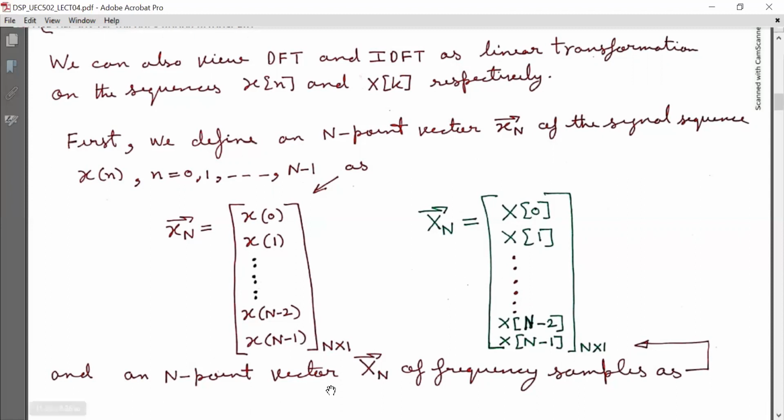And an N point vector, capital X vector of frequency samples, is formed as capital X vector equal to a vector of dimension N cross 1 with first element capital X0 corresponding to k equal to 0, second element capital X1 corresponding to k equal to 1, and last element capital X[N minus 1] corresponding to k equal to N minus 1.